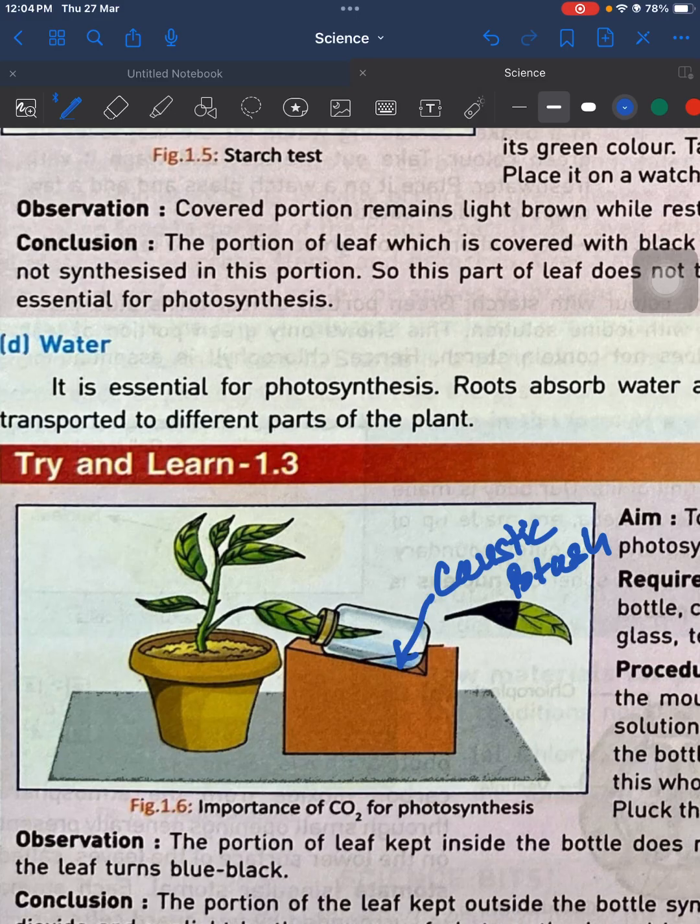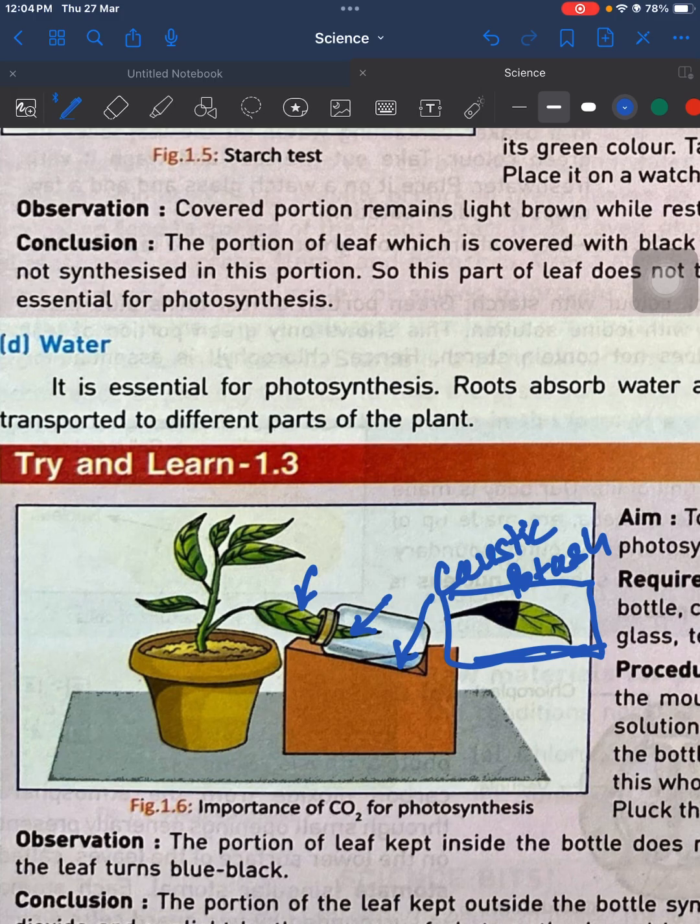So CO2 is no longer present in this bottle, and we keep the plant for 6 hours in the sunlight. Photosynthesis can occur in this area, but it cannot occur in this area inside the bottle because there is no CO2. After 6 hours, we pluck the leaf and pour the iodine solution.